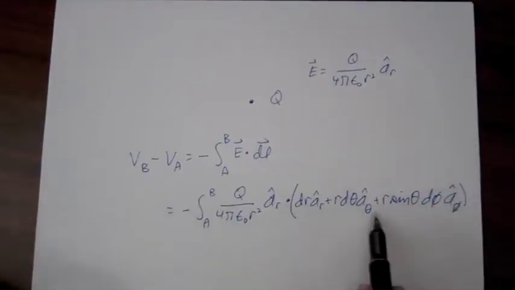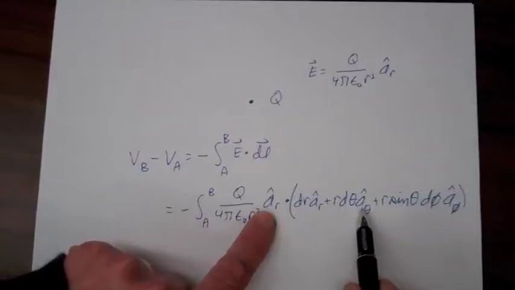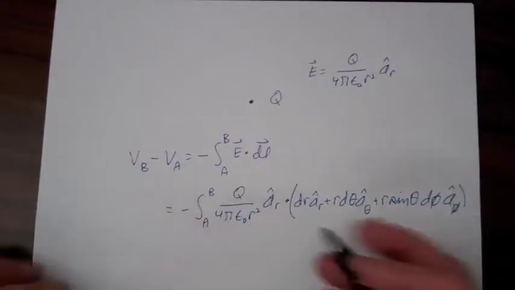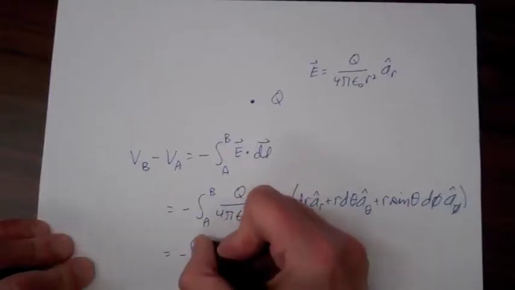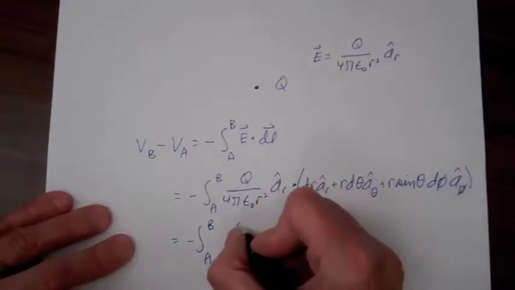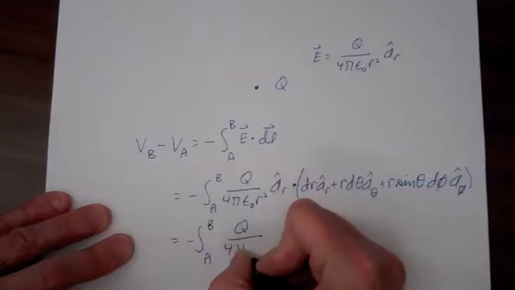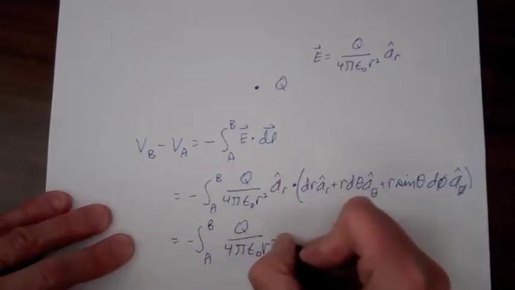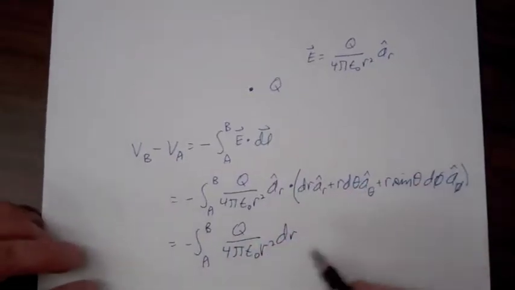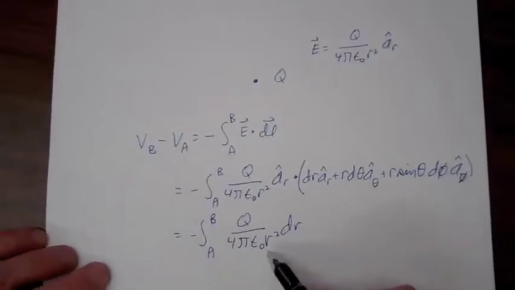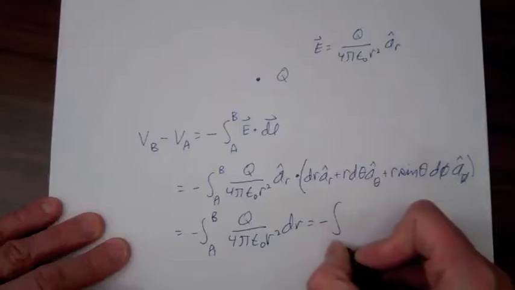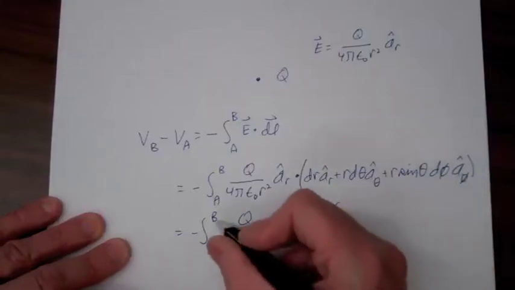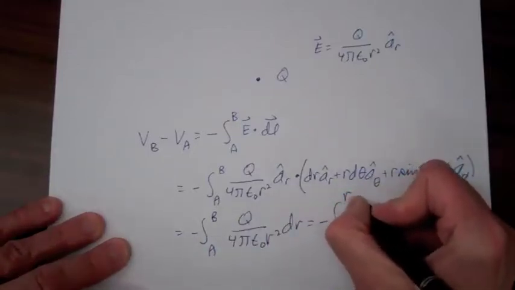And so when we look at this, a_r dot a_theta is 0 and a_r dot a_phi is 0. So we're left with the integral from A to B of Q over 4 pi epsilon sub 0 r squared dr. Okay, so now the only variable we're left with is r. At position A, r has some value r sub A, and at position B it has some value r sub B.